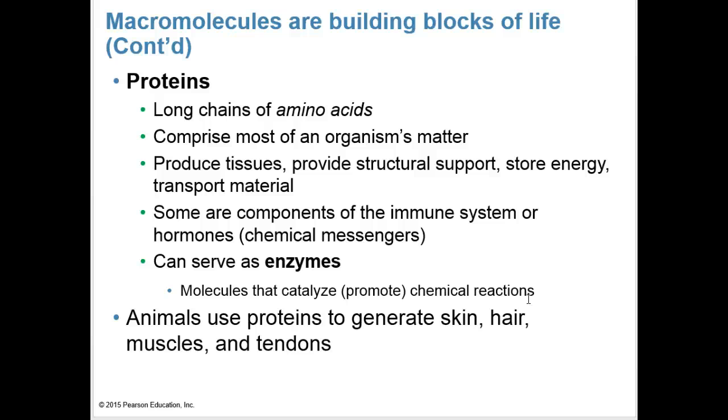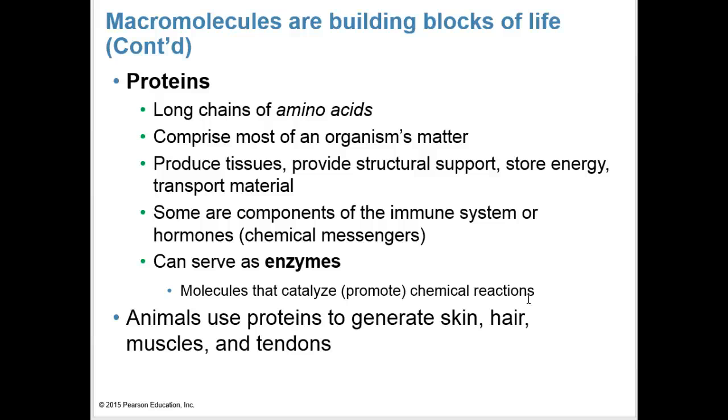They can also serve as enzymes, like the enzyme pepsin that's in your stomach to help you digest proteins. Enzymes are molecules that catalyze or promote or help along chemical reactions and make them happen faster and more efficiently than if the enzyme hadn't been there.